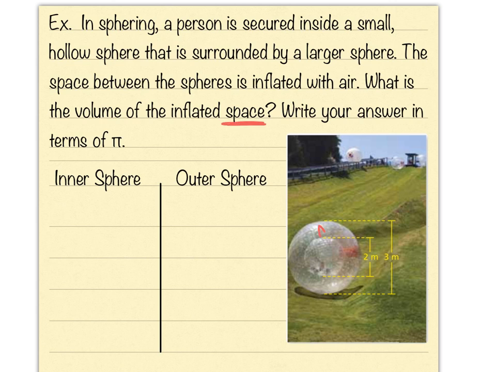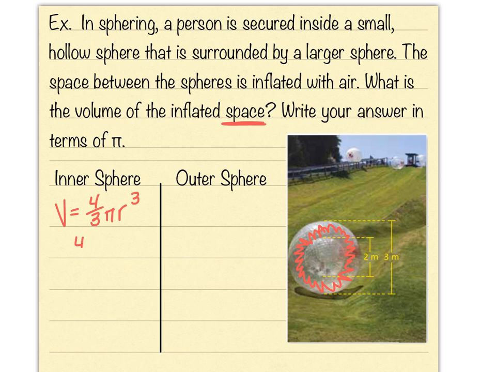So basically what we're finding is how much space there is between the two spheres, the inner sphere and the outer sphere. So we're going to find the volume of the inner sphere, find the volume of the outer sphere, and as you'd expect, we just subtract them and see how much space is left. We need the volume formula for a sphere, and that is 4/3 pi r cubed. Maybe you remember that from earlier in the year.